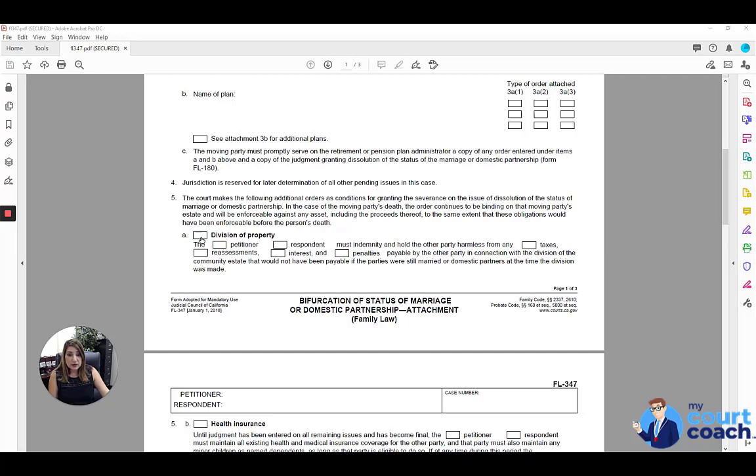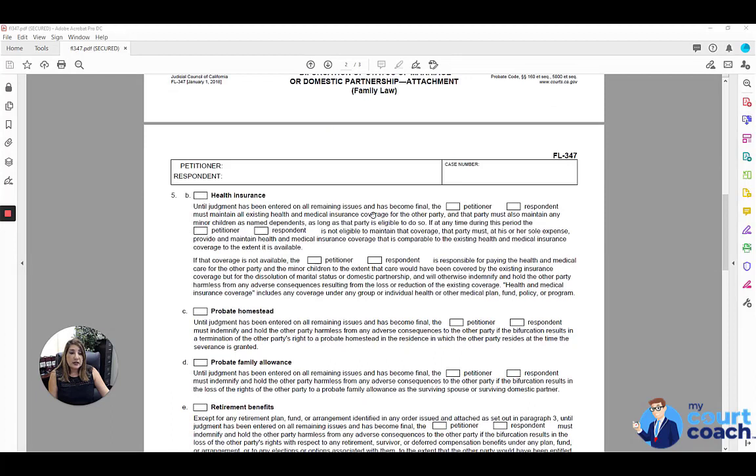So you want to mark the box that says division of property, and then mark the identity of the party that the court held has to indemnify and hold the other party harmless from, and then the different boxes that mark these sort of adverse consequences that the other party could face as a result of the early termination of marital status.